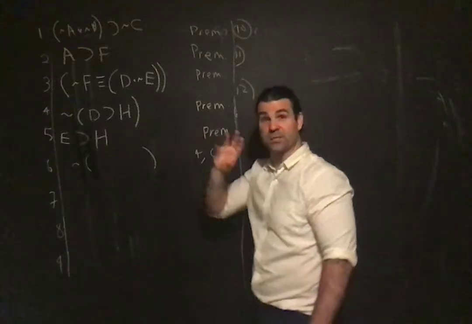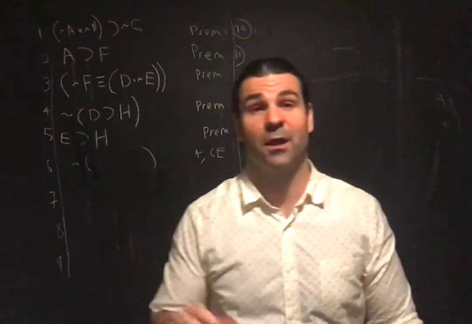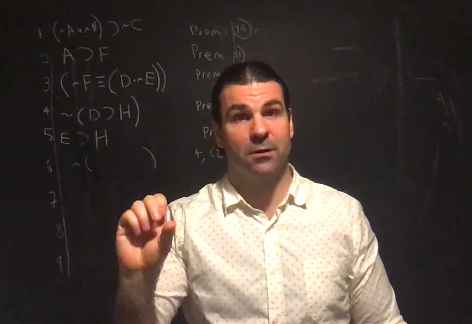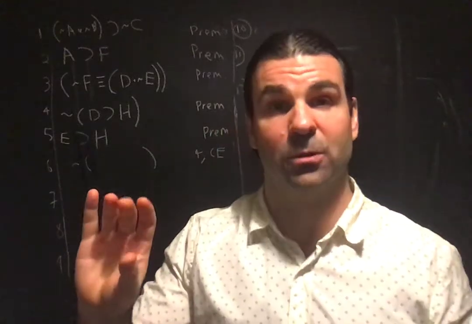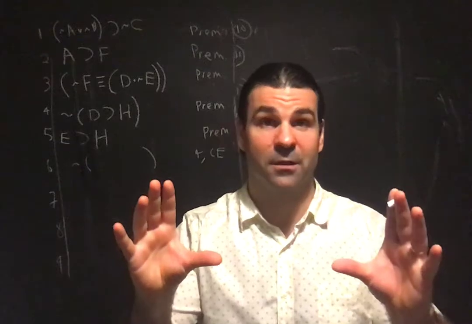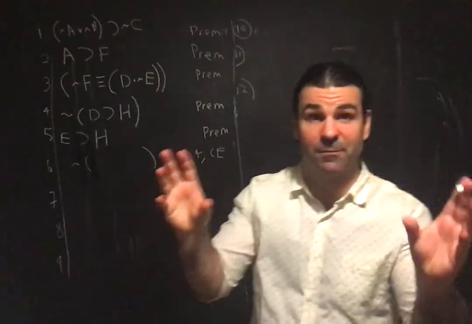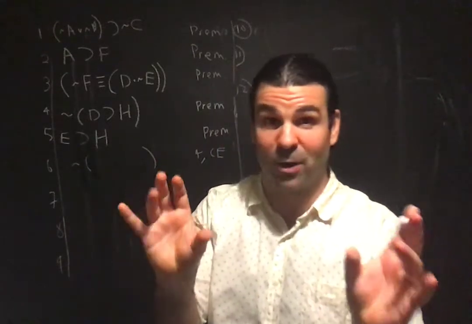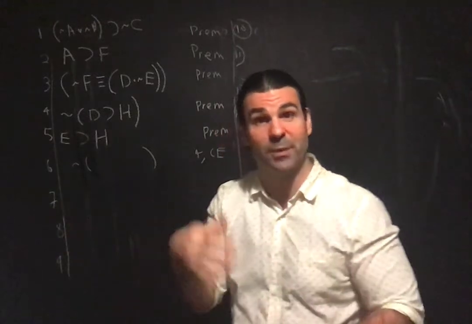This is always true, an important point: whenever you apply a replacement rule to a sub-formula, the overall form must stay the same. If you're only applying it to a sub-formula, that means a part of the overall formula, and the overall formula remains untouched.